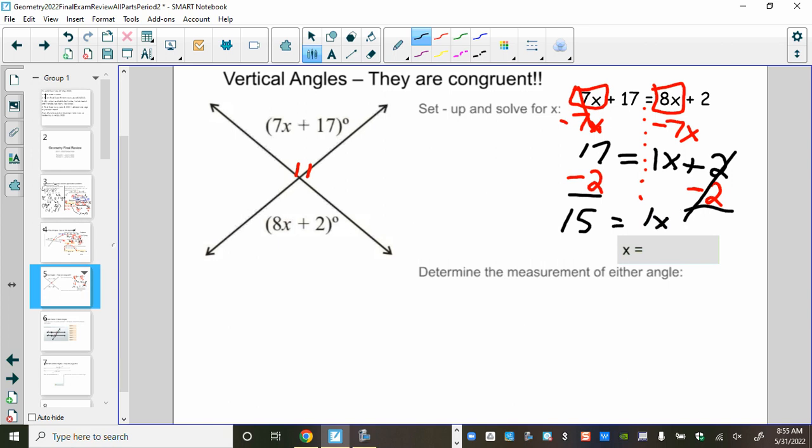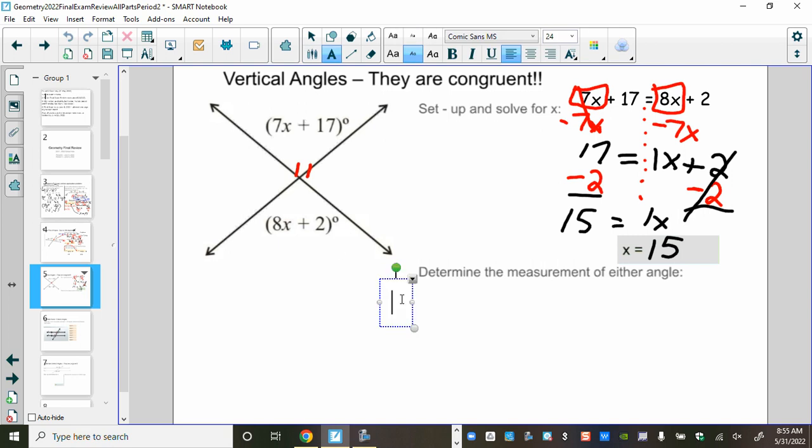But you don't need the 1, so you're just left with x is 15. And then last thing you have to do, substitute: 7 times 15 plus 17, 8 times 15 plus 2. Then you should get 122.